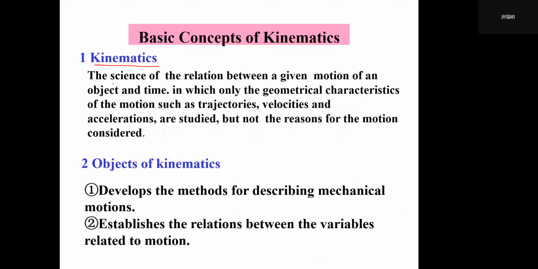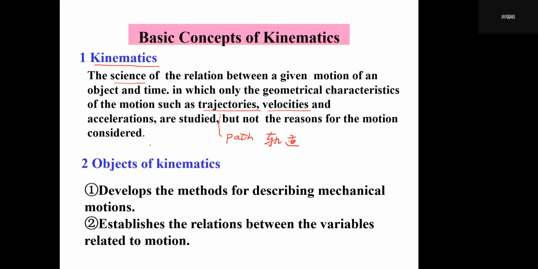It studies the relation between a given motion of an object and time, in which only the geometrical characteristics of the motion, such as trajectories, in Chinese 轨迹, velocities, and accelerations are studied, but not the reasons for the motion.